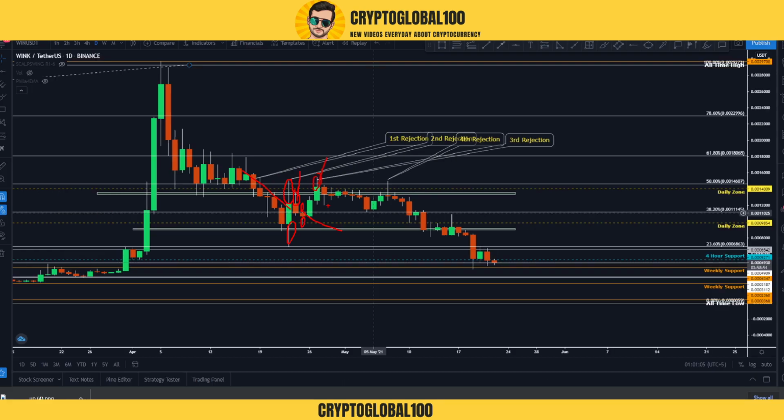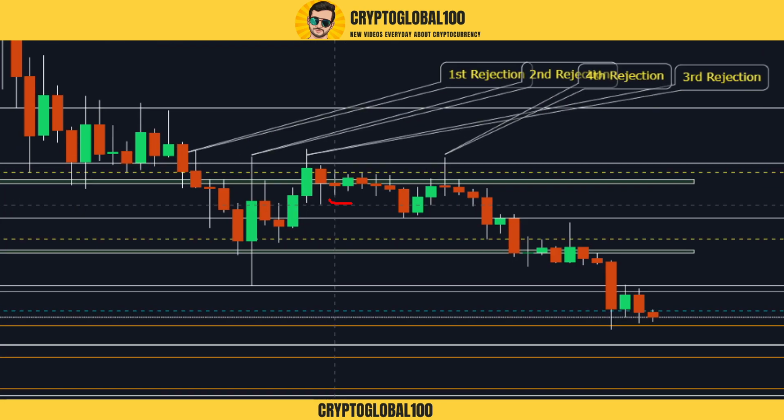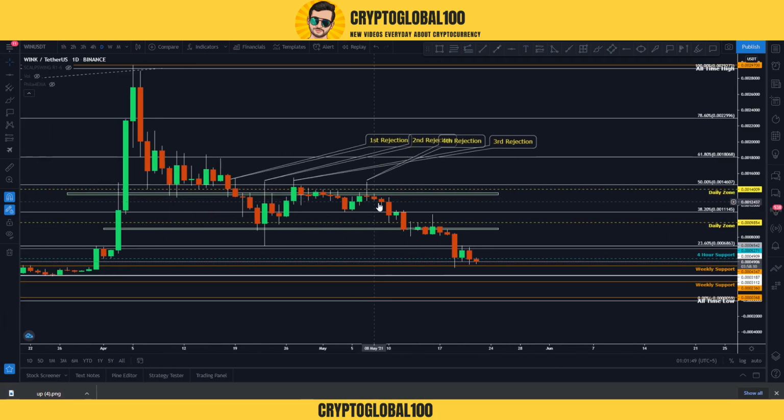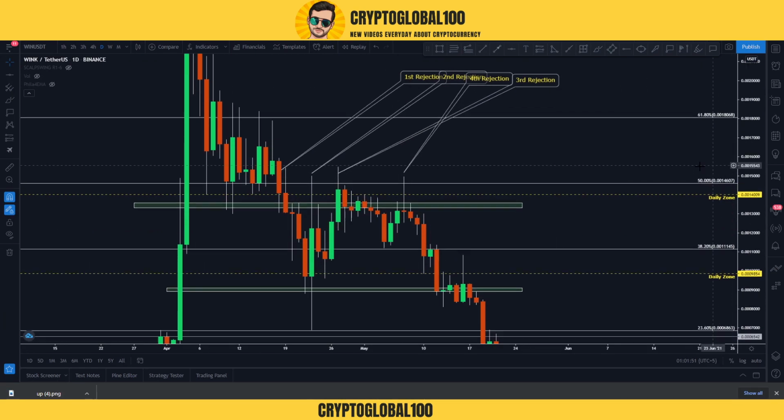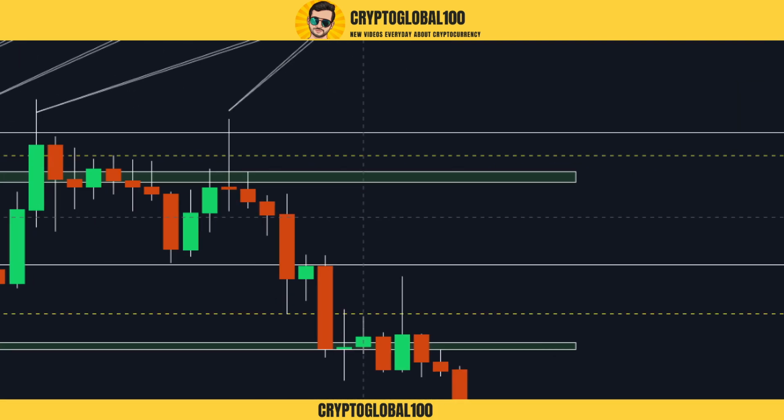Now if we move on, here the volume became very small, and we can see that it was rejected multiple times on the upside as well as the downside. But when it got rejected here, if we take a look at the last candle, we saw a big wick on the upside, two big wicks on the upside.